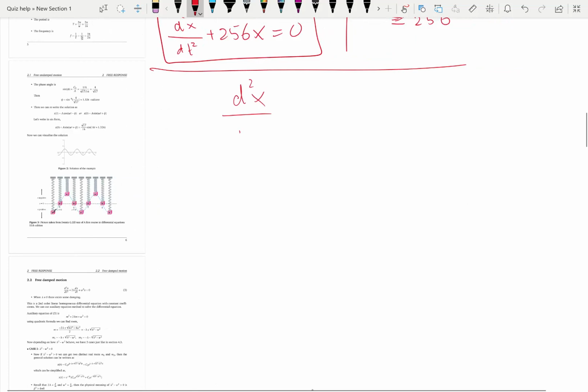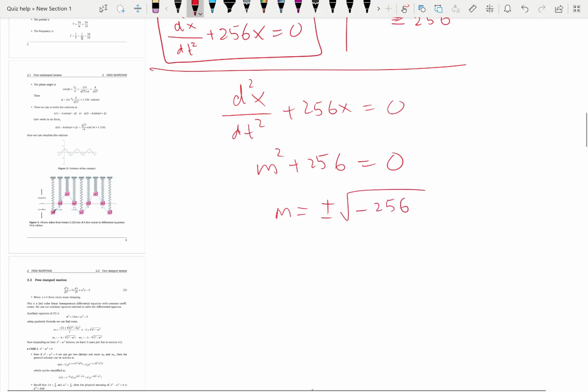We have the differential equation. Now the auxiliary equation will be m squared plus 256 equals 0. So the roots are m equals plus or minus the square root of negative 256. That is how you find the roots here.